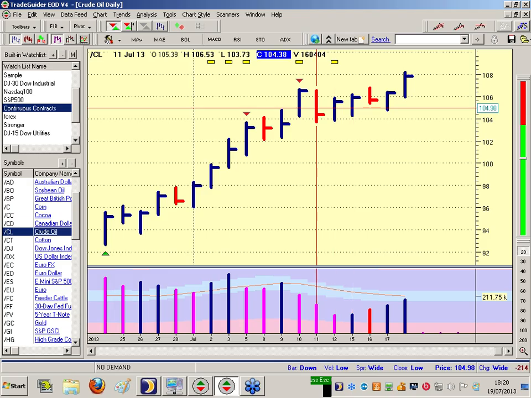Seems to work better when you've got a clear red arrow, look. And this is crude oil, is it? There's no reason to say that market stopped going up. That market is an uptrend, and it looks as if it still wants to go up.